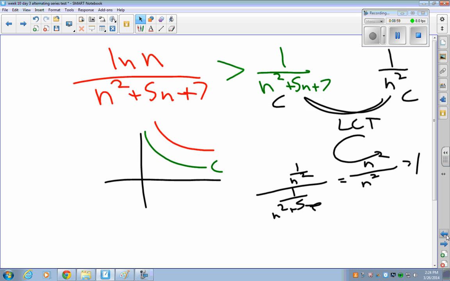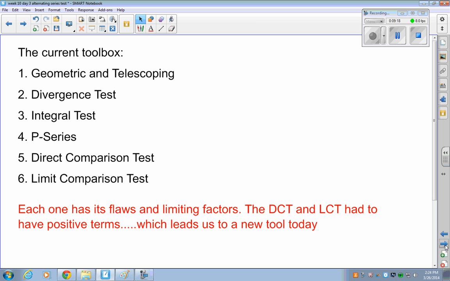On things like this, green to black, especially if one of them is a minus and one of them is a plus, it's a lot harder to tell who's bigger or smaller. So if I can tell who's bigger or smaller really quickly, use them. If not, try the LCT. Okay? All right, moving on.